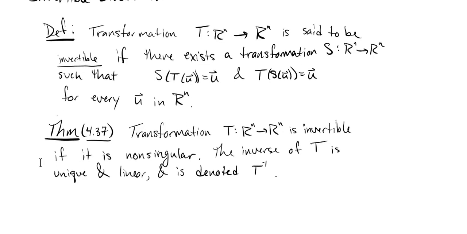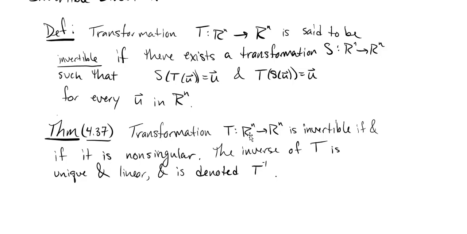So this theorem is really getting down to the important idea behind invertibility. A transformation T taking Rn to Rn is invertible if it is non-singular. The inverse of T is unique and linear and is denoted T inverse. And this should actually be if and only if it is non-singular.